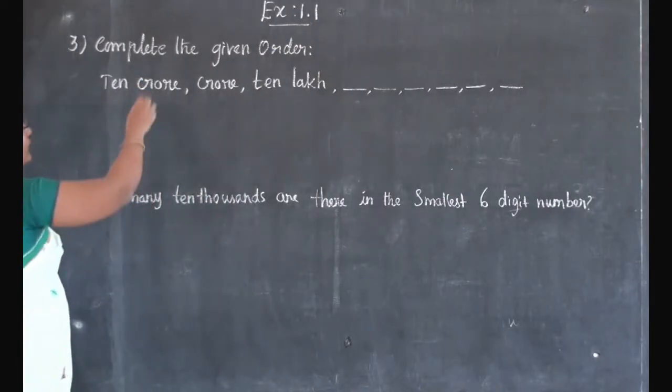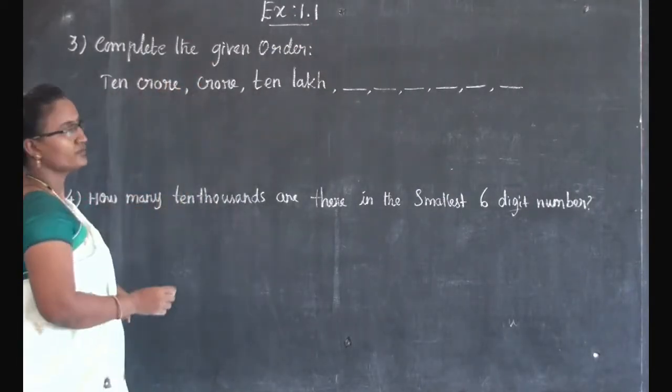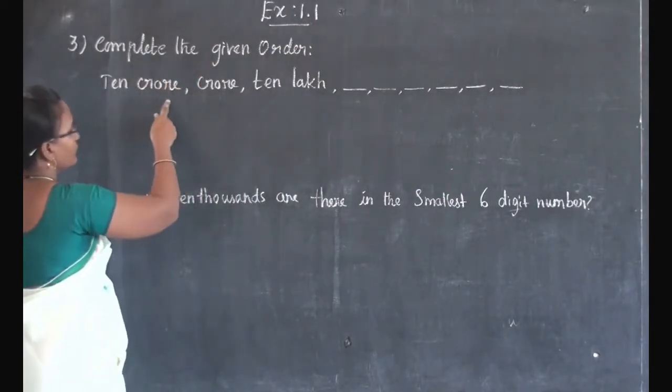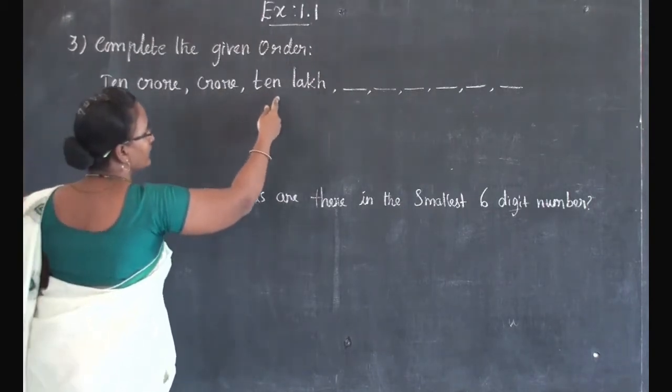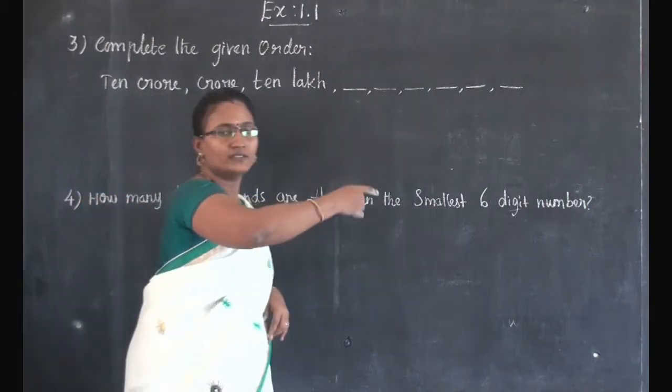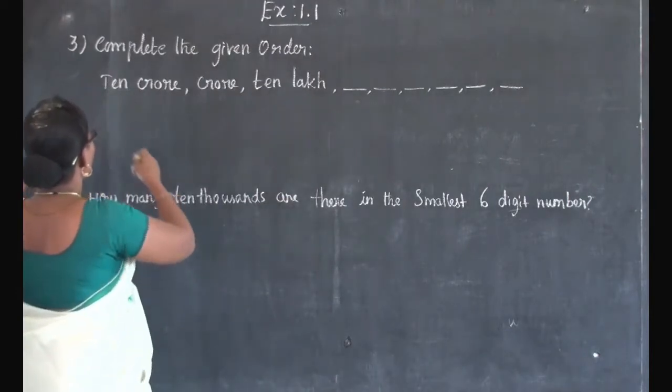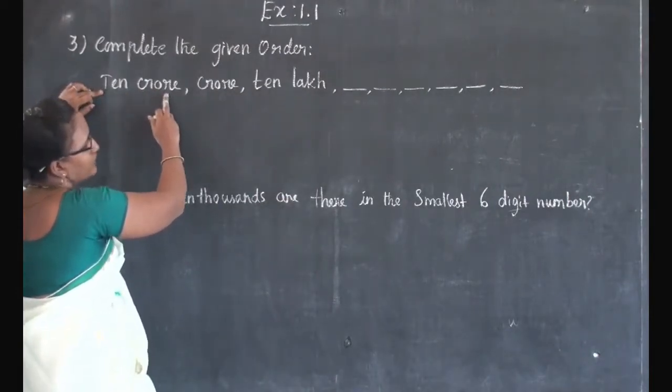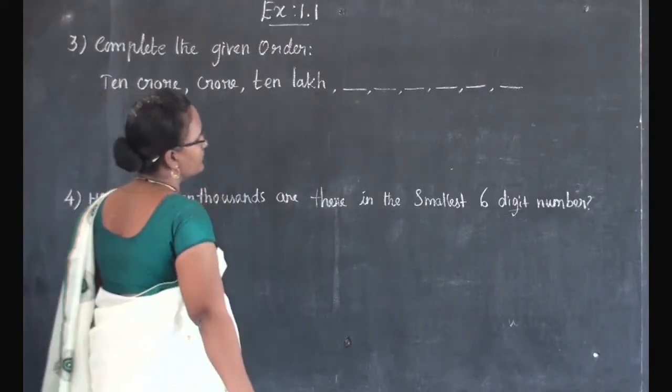Third sum. Complete the given order. First 10 crore, 10 lakh. After that, what will come? 10 crores, so it is in Indian system.